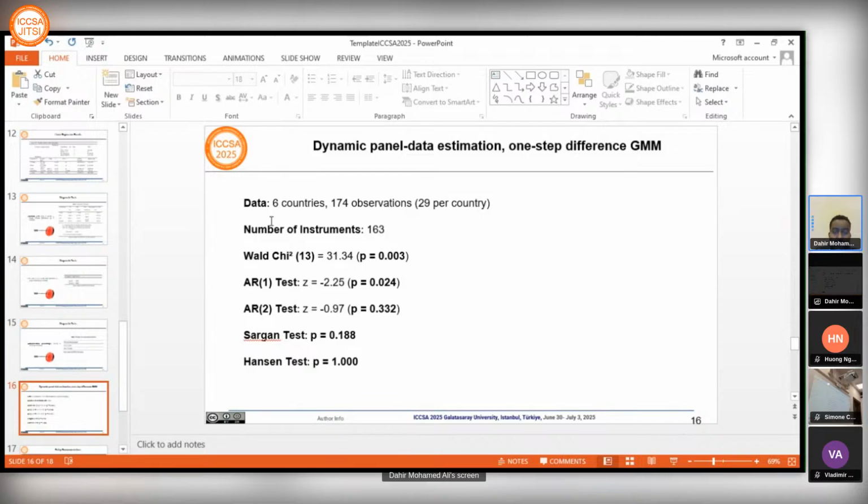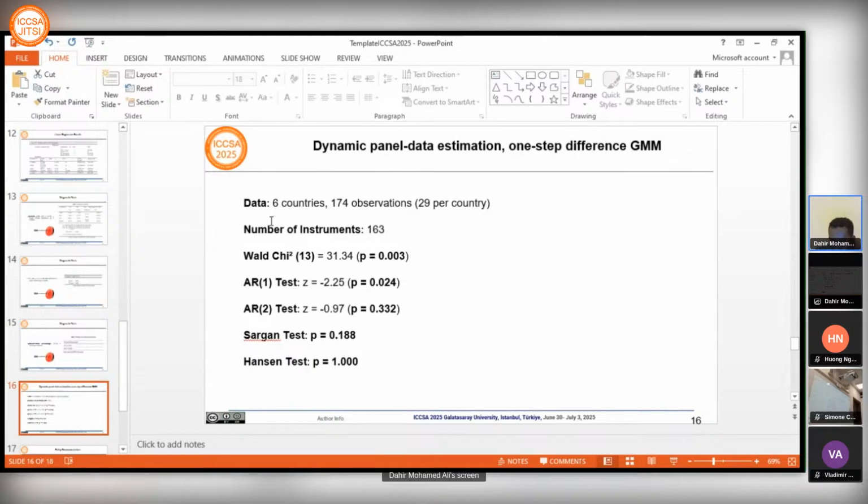It means that our model is jointly significant. Then we test for autocorrelation, and for first-order autocorrelation we got no autocorrelation, which was passed. Also, we test the overall significance of the restrictions of the model, and our instruments appear valid.